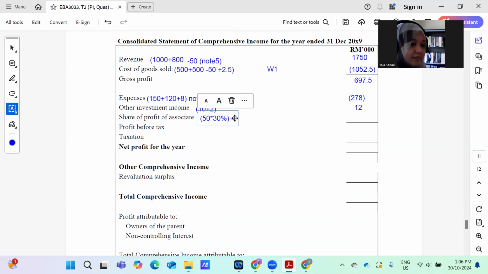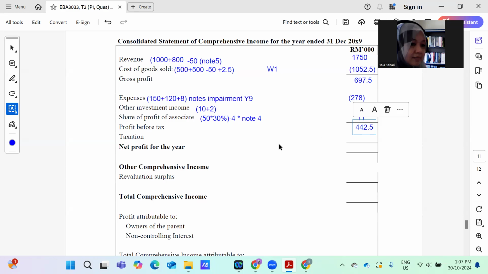The 4, you need to refer to note 4 on the impairment. All right. So after you multiply and minus, you will get 11,000. And then as usual, you minus and plus everything, then you should get 442.5.